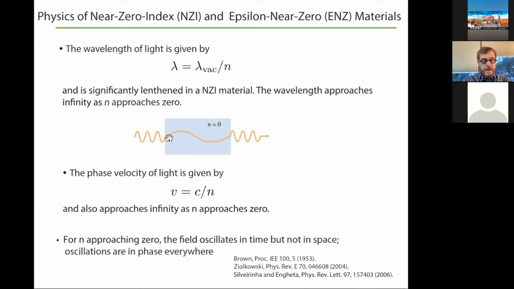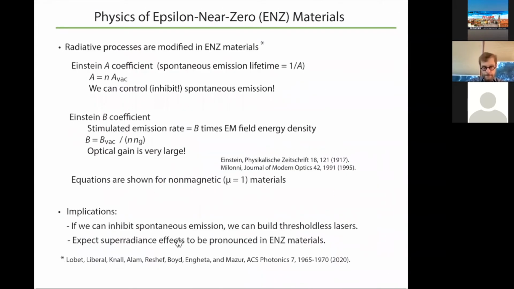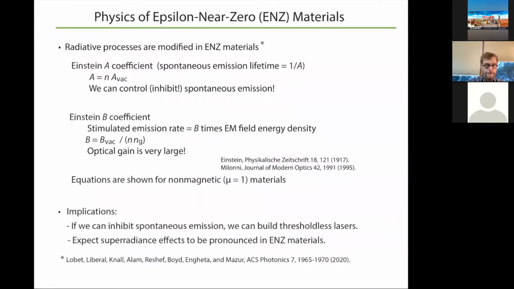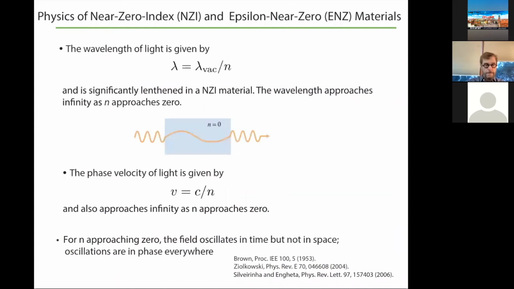So what we have then is that the wave picks up no phase, no propagation phase in going from the input to the output port. Now, one way of understanding this is that for n approaching zero, the field oscillates in time, but not in space.